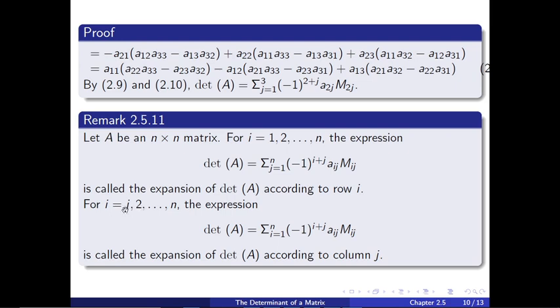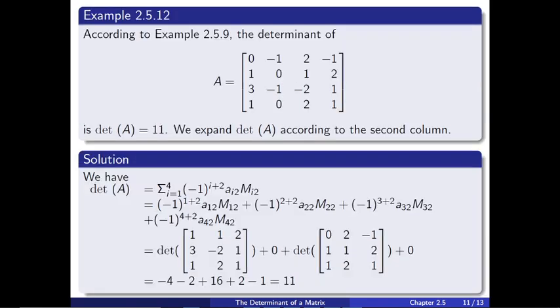For any j that you pick, the expression of the determinant, where the j is fixed, is called the expansion of the determinant of A according to column j. So really you can just pick whichever row or whichever column is convenient. So we are going to look at another example, and we are going to use two different expansions to just illustrate the point that we can use any row, we can use any column.